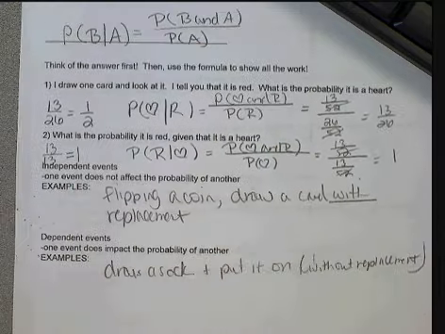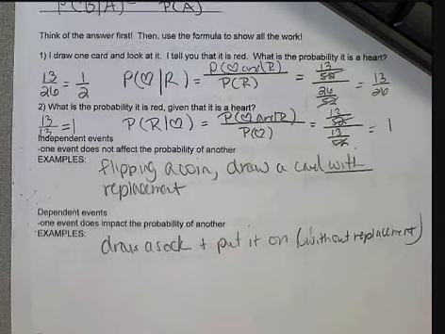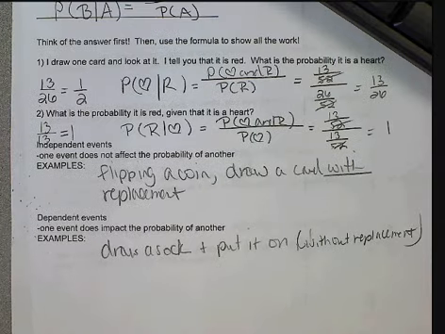So we're going to switch gears just a little bit and talk about events that are independent and dependent. Remember, we started off that way. And conditional probability of events that come in a sequence, can be independent or dependent. Some examples of independent events would be flipping a coin, drawing a card with replacement.